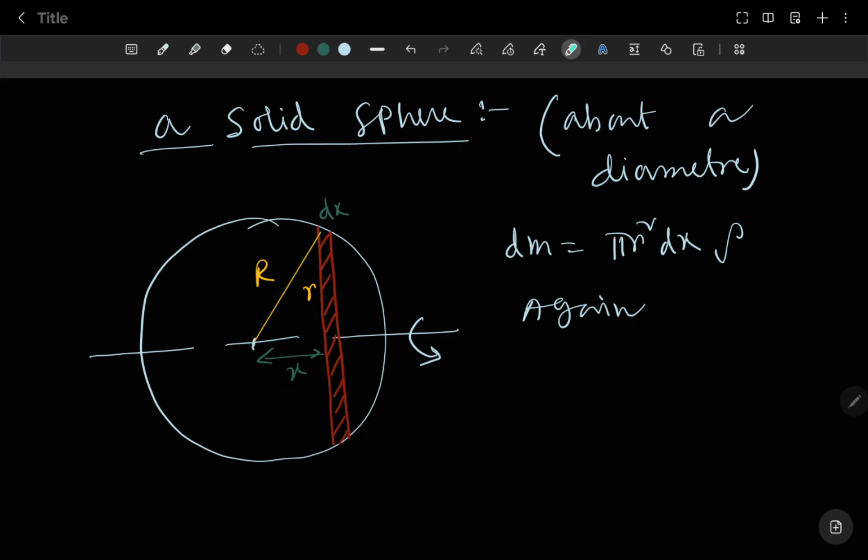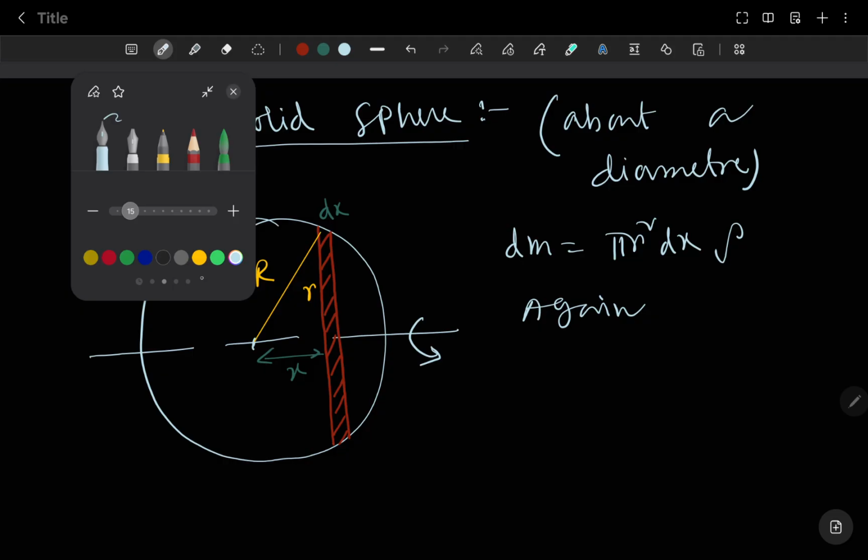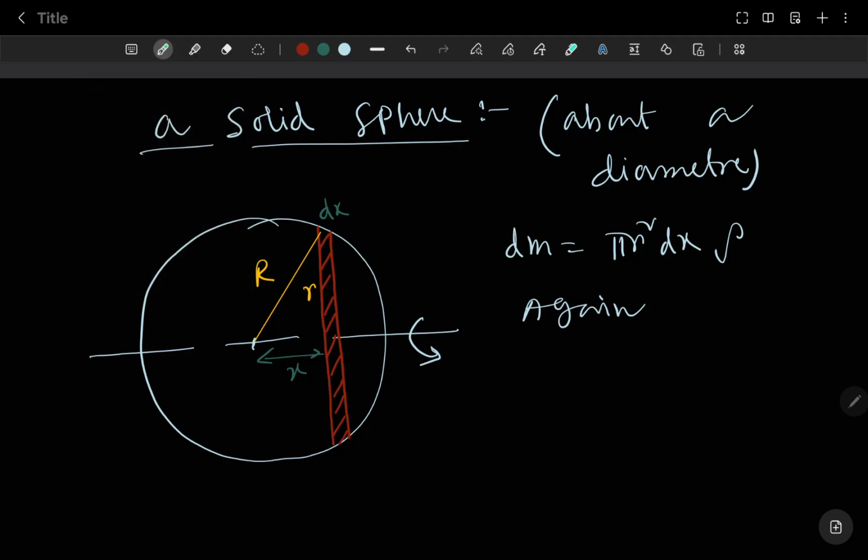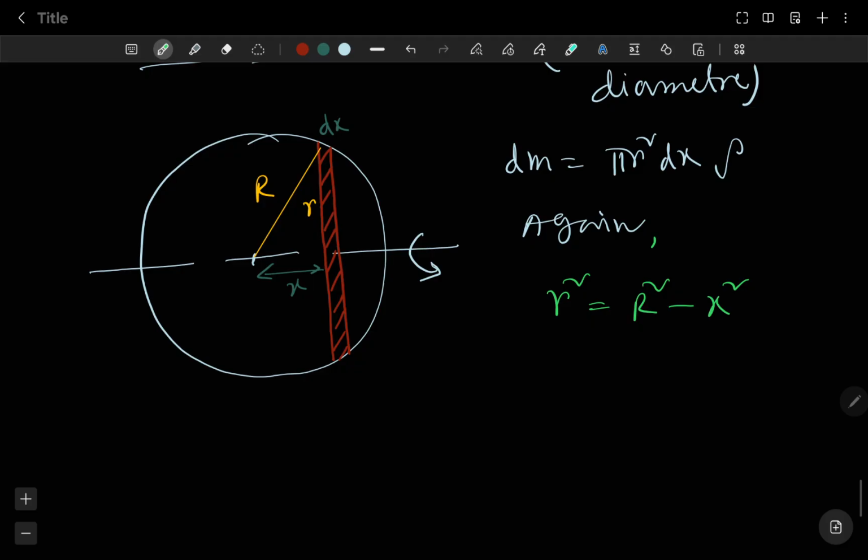So r square is capital R square minus x square, from Pythagoras. Now tell me the moment of inertia of this disc about this axis.